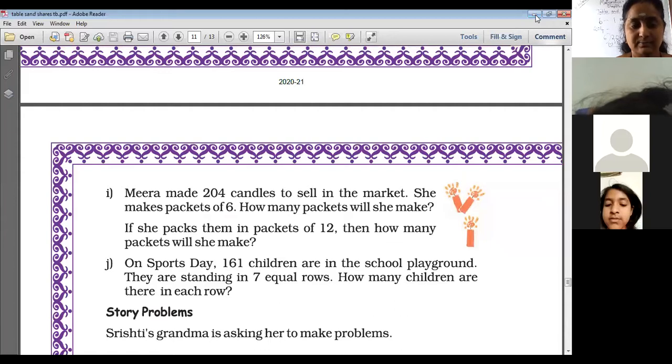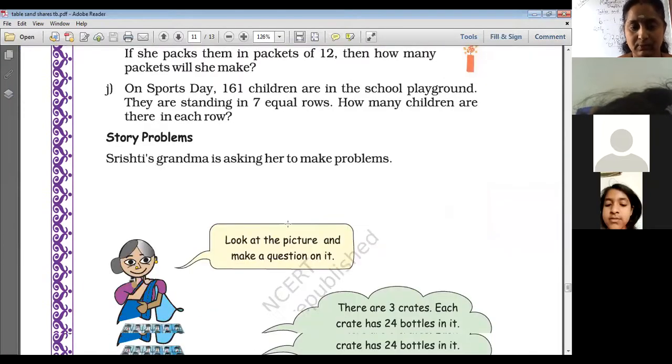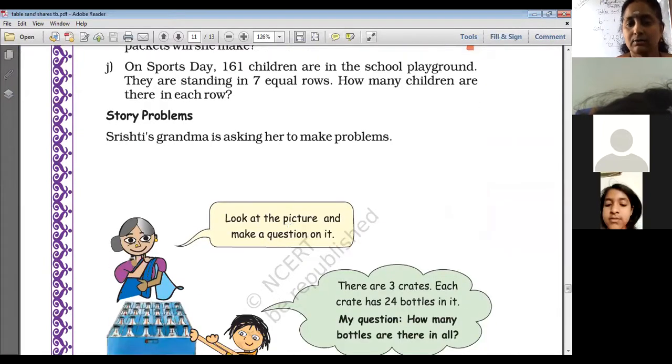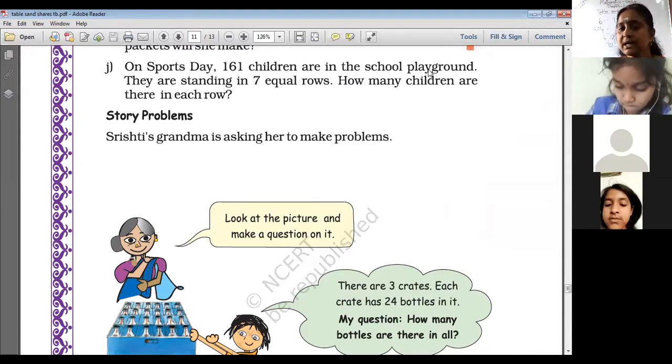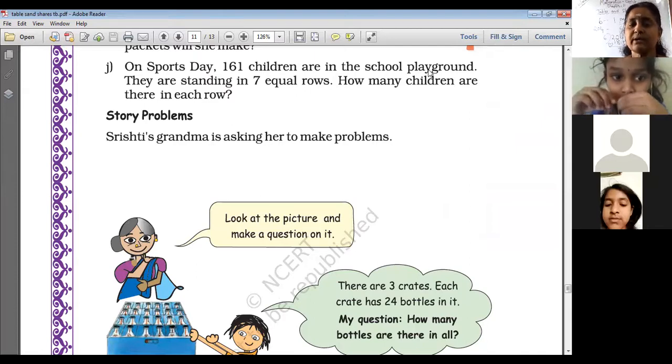Next. On sports day, 161 children are in the school playground. They are standing in 7 equal rows. How many children are there in each row? 7 children in one row. 161 children, how many rows? What you have to do? 161 divided by 7.